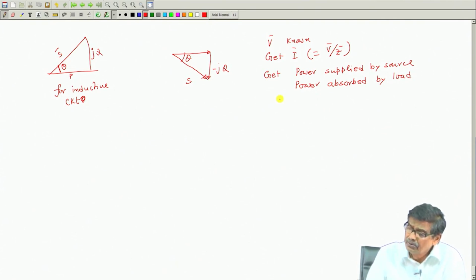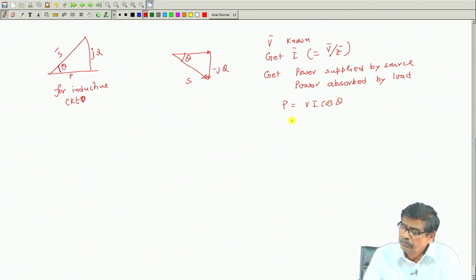Once again, so far as real power is concerned, it is like V I cos theta, I told you. Now, V is equal to I times the magnitude of Z, and this is I cos theta.